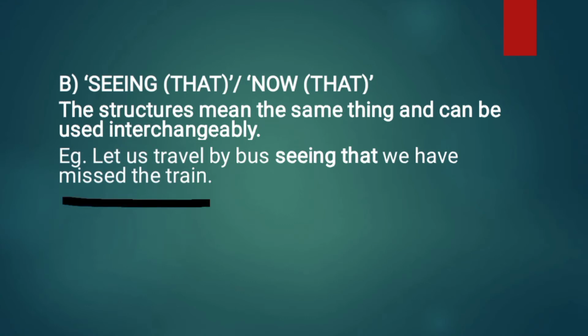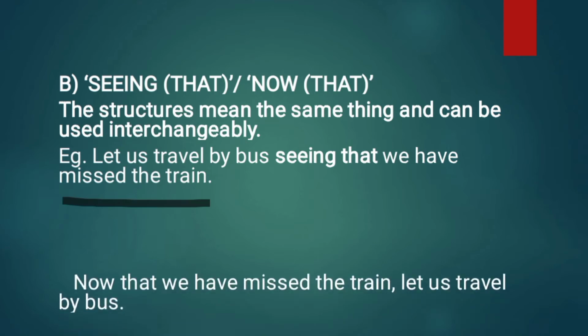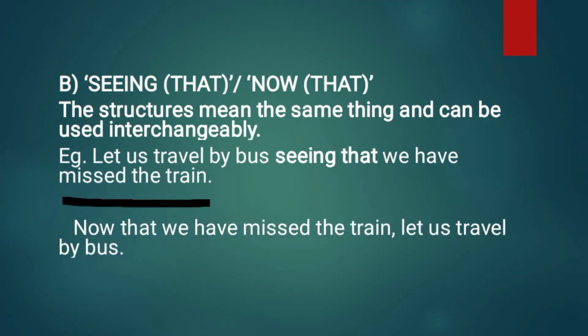The main clause is saying, let us travel by bus. Why do we have to travel by bus? Because we have missed the train. Now, in this case, we are using seeing that. You can also say, let us travel by bus now that we have missed the train.